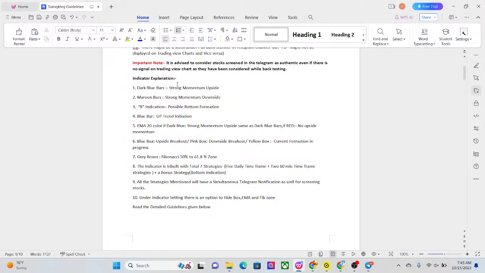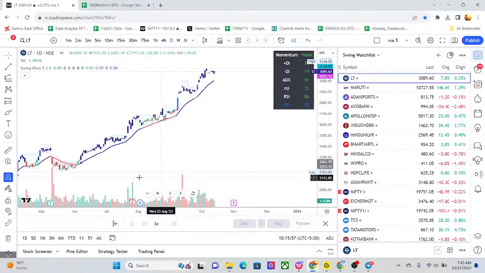So these are the strategies. Explanation of the Swingkhoj indicator. Dark blue bars: you can see strong momentum to the upside. You can see the dark blue bars here.